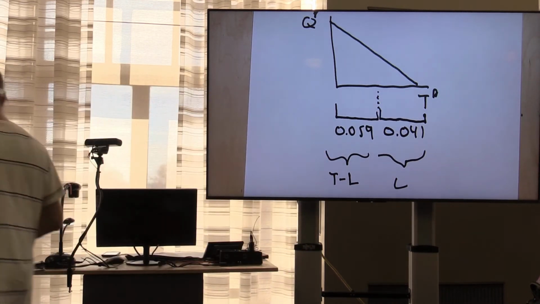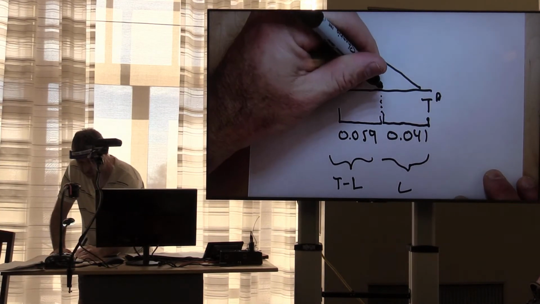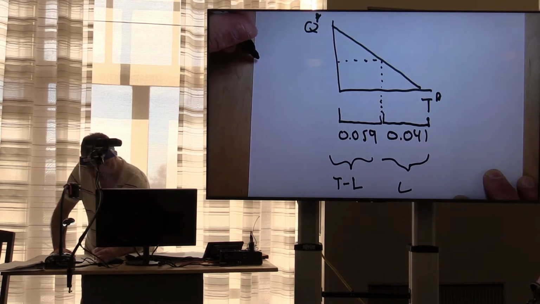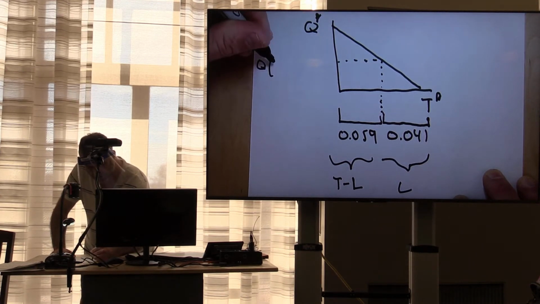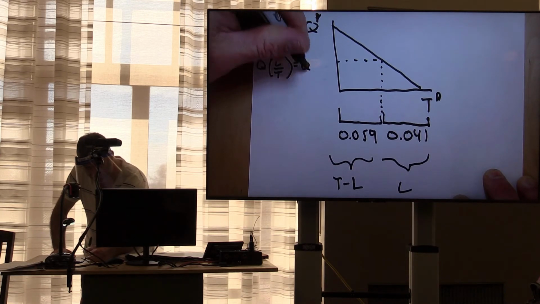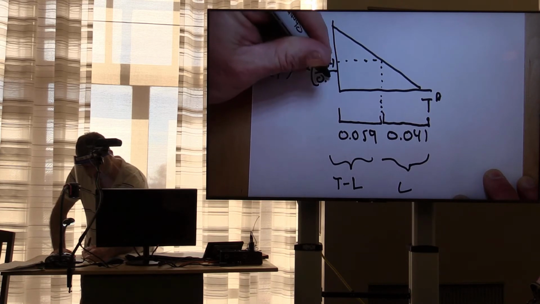And so when we solve for that reorder point, what you said was Q L divided by T, which here is Q L about 0.04.